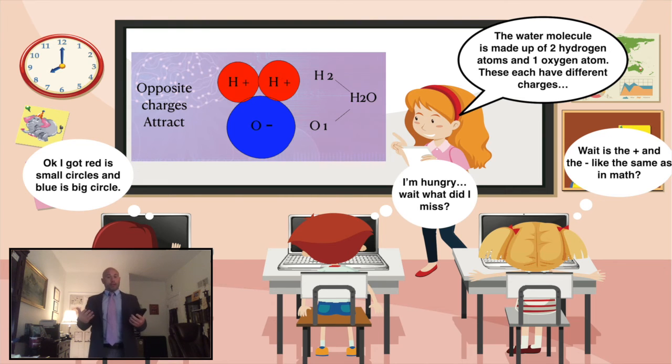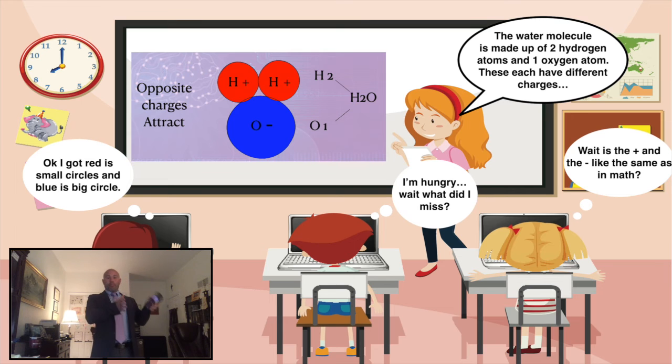You can start to see, though, a problem when we think about maybe what's going on in the students' heads. So on the left, we have one little girl who's focused on what the teacher is saying. She's saying, okay, I got red is the small circles, and the blue is the big circles.